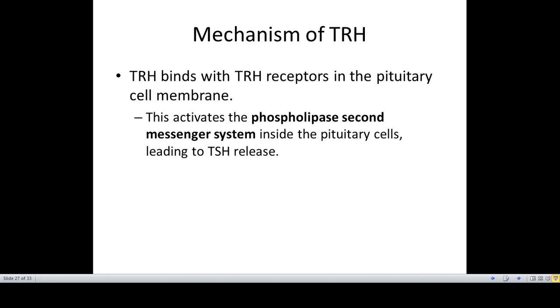Once it reaches the anterior pituitary gland, it binds with TRH receptors in the pituitary cell membrane, and this activates the phospholipase second messenger system inside the pituitary cells, causing the formation of phospholipase C and the activation of other intermediary proteins, finally leading to thyroid stimulating hormone release.